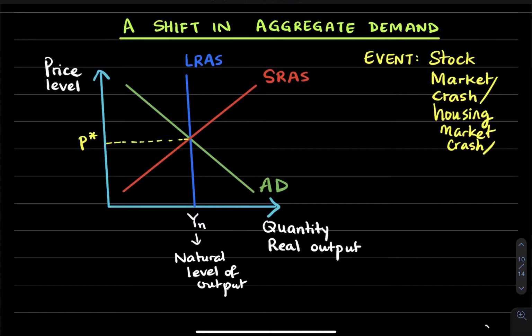There could be an outbreak of war, or some kind of a scandal in the White House. So anything that breaks the confidence that consumers have, and they lose confidence in their future plans, and they would alter their plans.